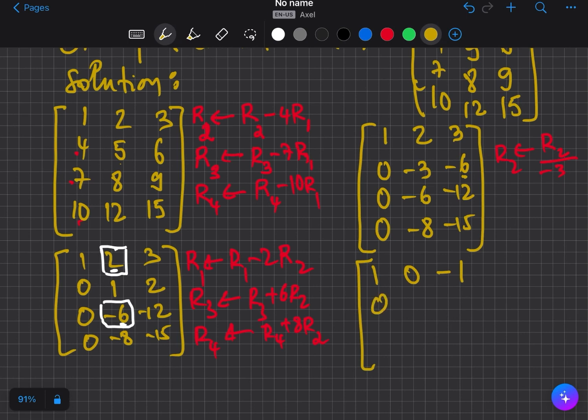Then 0, 1, 2, then 0, 0, 0, and then 0, 0, 1.